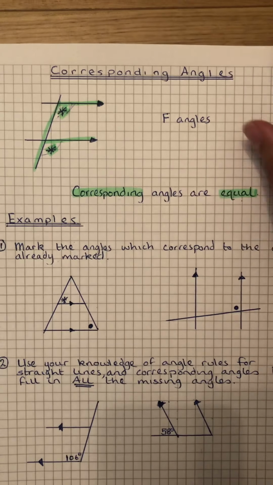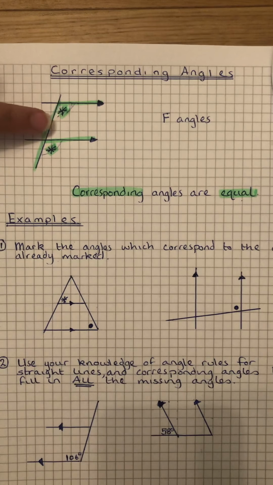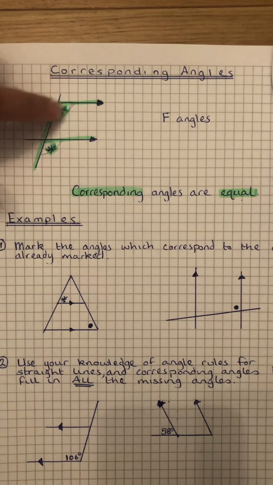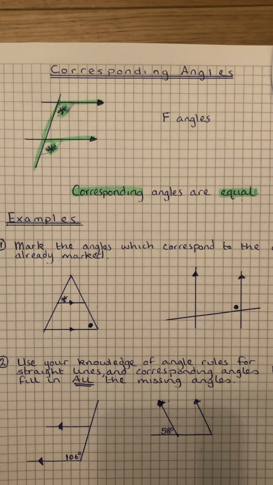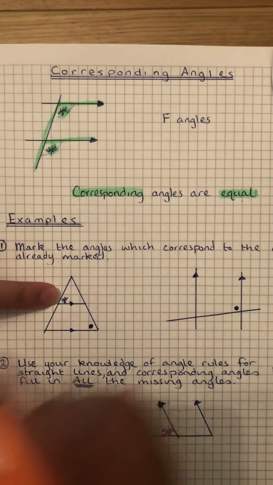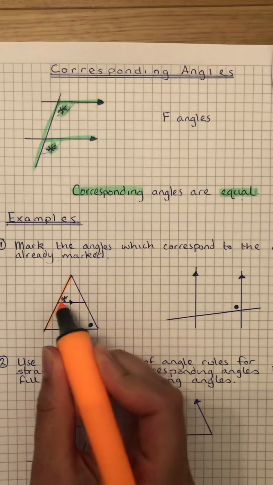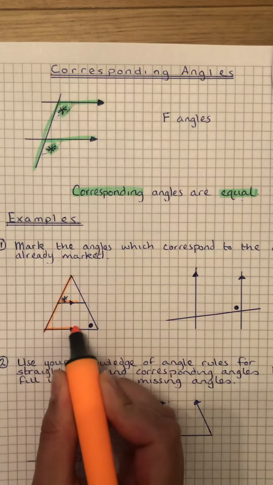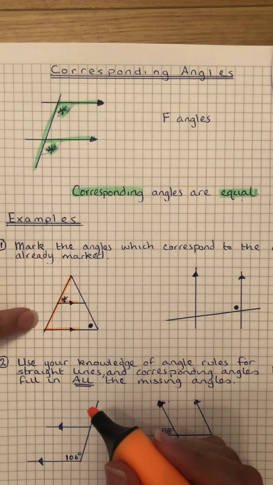What I will say to you is when you're looking for your F shapes, they will not always be the obvious routine F shape as you would write it when you're writing the letter. Sometimes it could be upside down, back to front, on its side. Okay, so if we look at this angle here, the little star, if I highlight this line here and then go across the parallel lines, hopefully you can see we've got an upside down capital F shape.